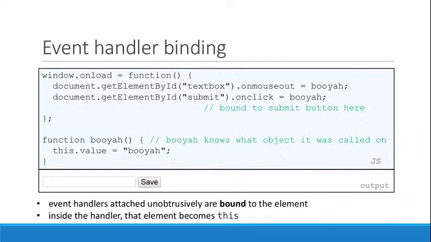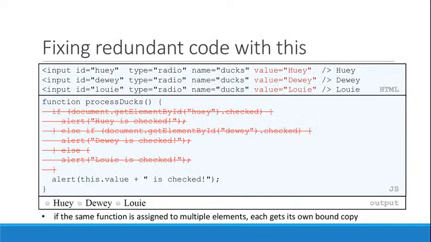So here we have two event handlers, text box on mouse out and submit on click, which will be assigned to this. So let us take a look at this particular HTML and the JavaScript.